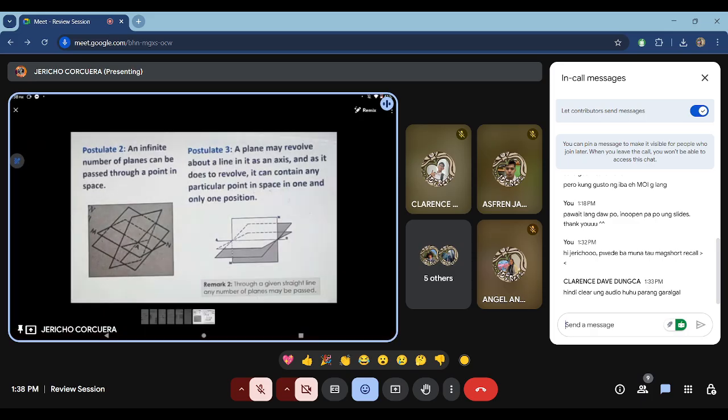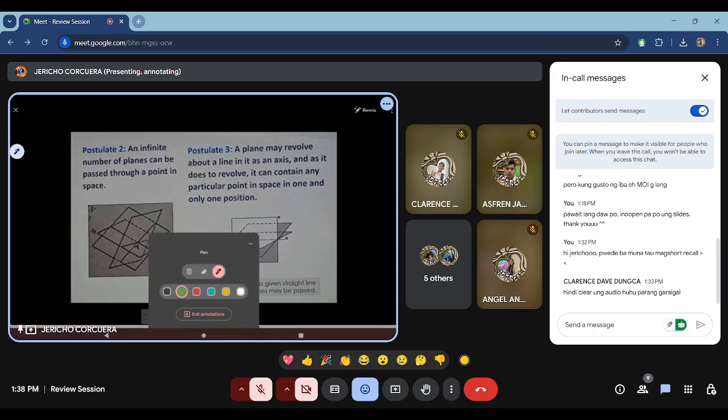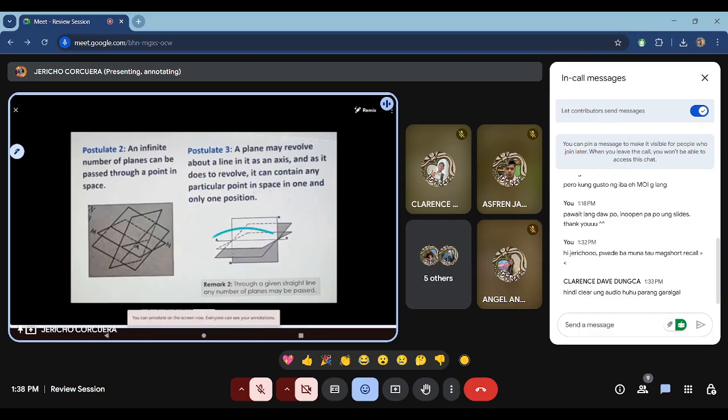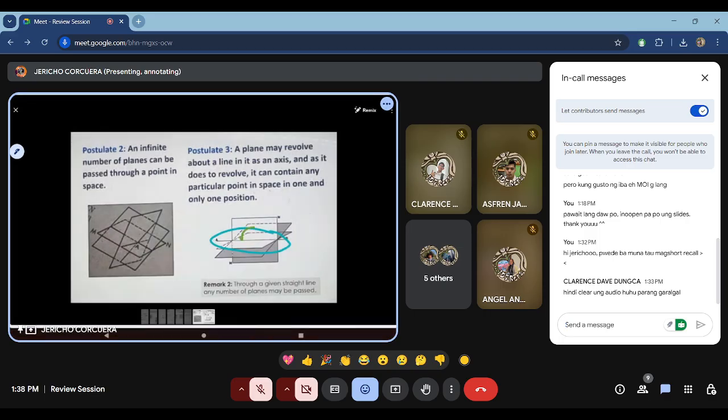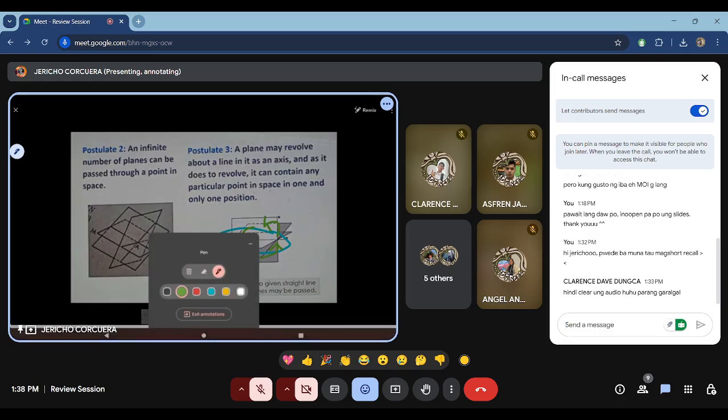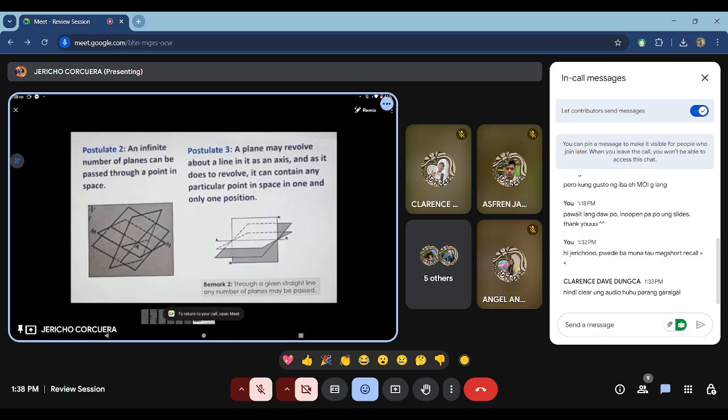If you can see here, this is the line you see right there. Nagre-revolve siya. Ganyan ang nagre-revolve yung plane on a line, as an axis.